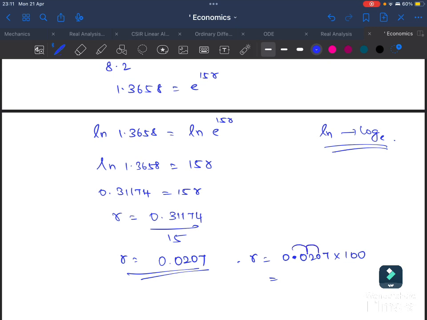So it will be nearby 2.07 percent. So r is equal to 2.07 percent.